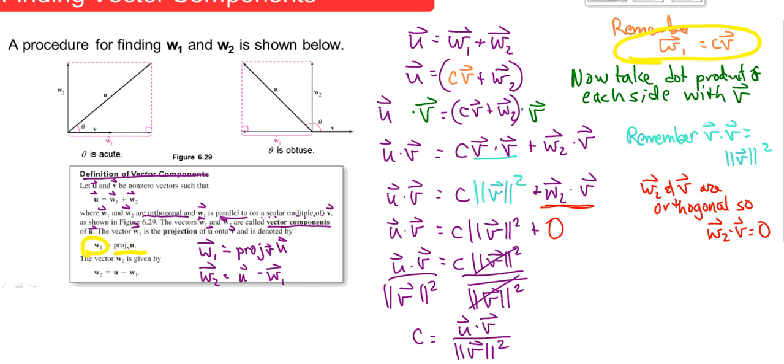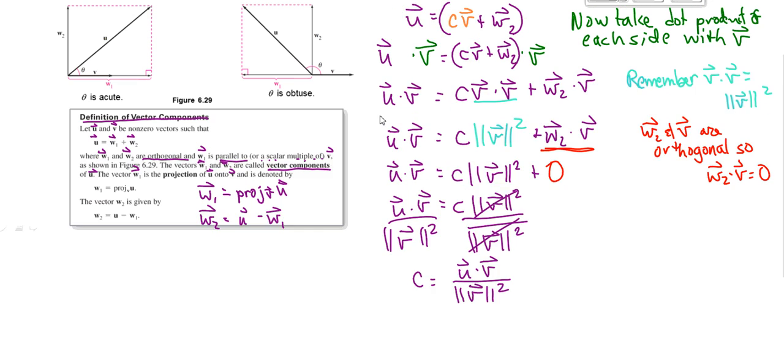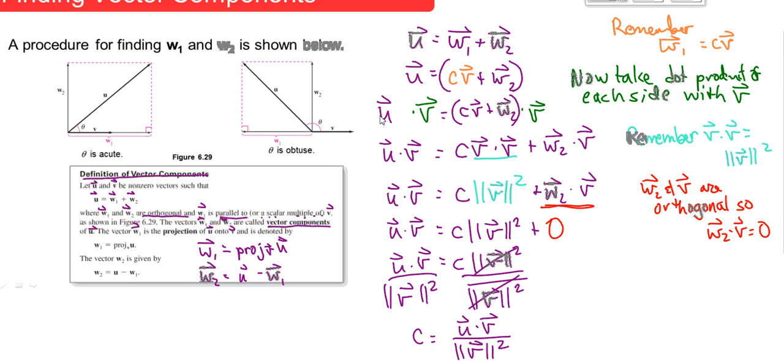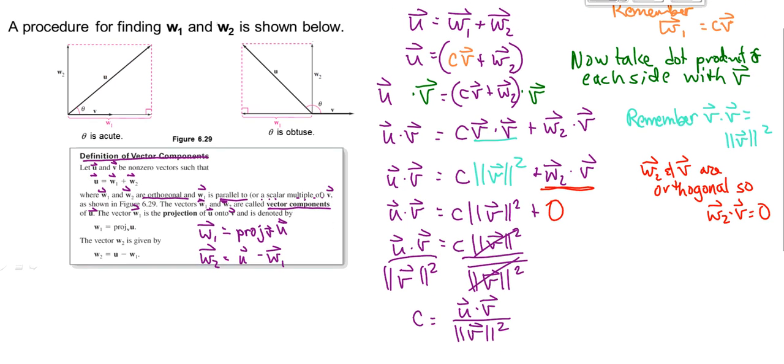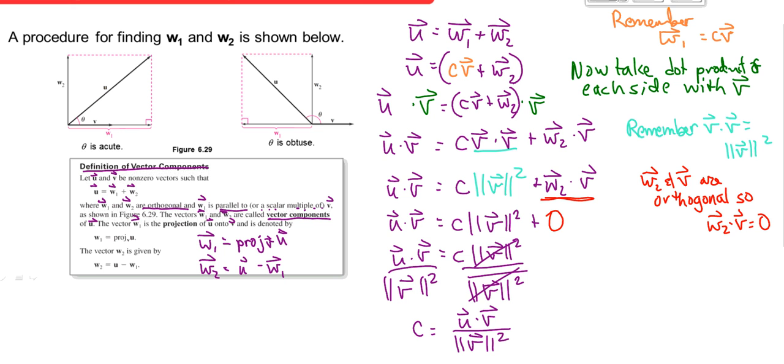I'm going to write them right below here. So we're going to say some concluding things.